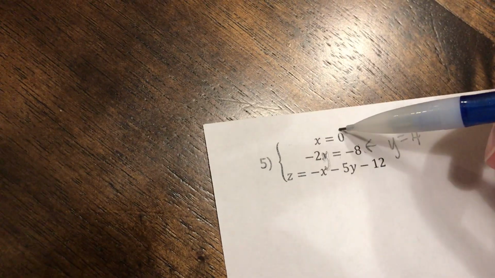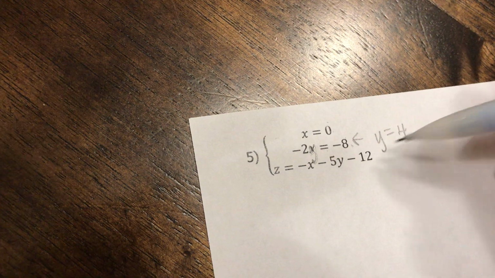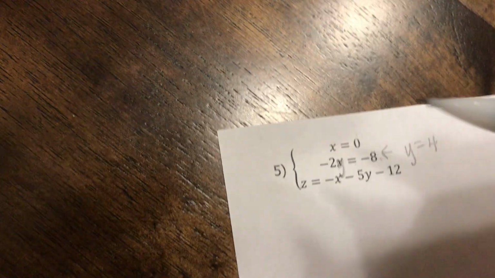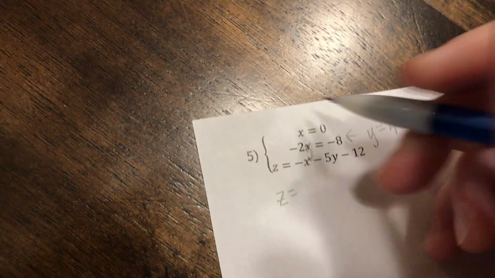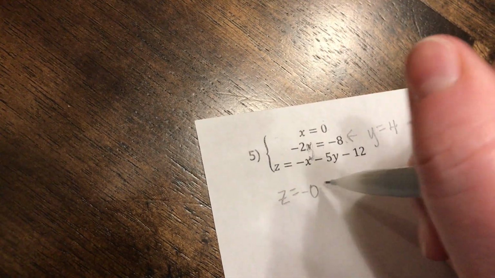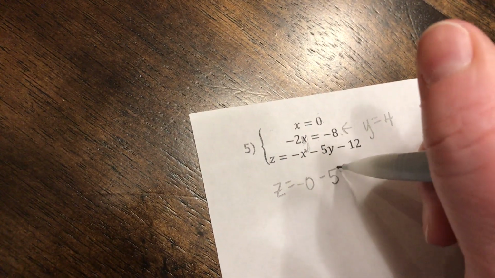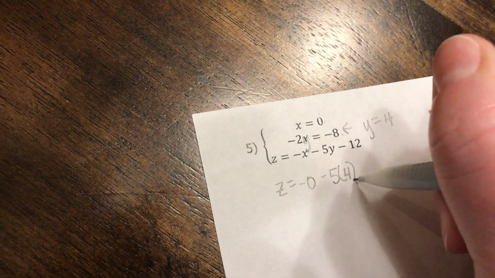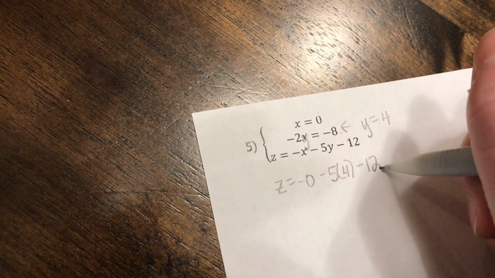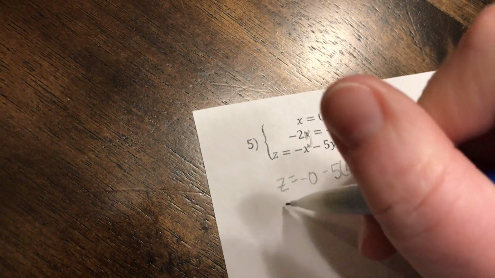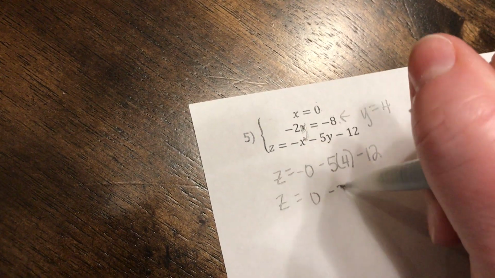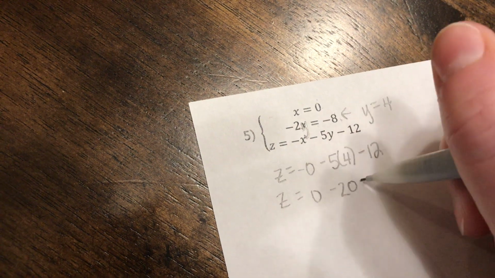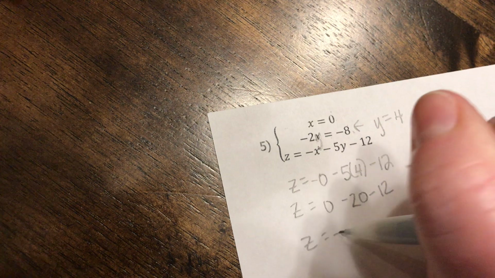So if x is equal to 0 and y is equal to 4, then we can pretty easily solve for z. So z is equal to the opposite of x, so negative 0 minus 5 times y, which was 4, minus a positive 12. If we simplify that, z equals 0 minus 20 minus 12, which is negative 32.